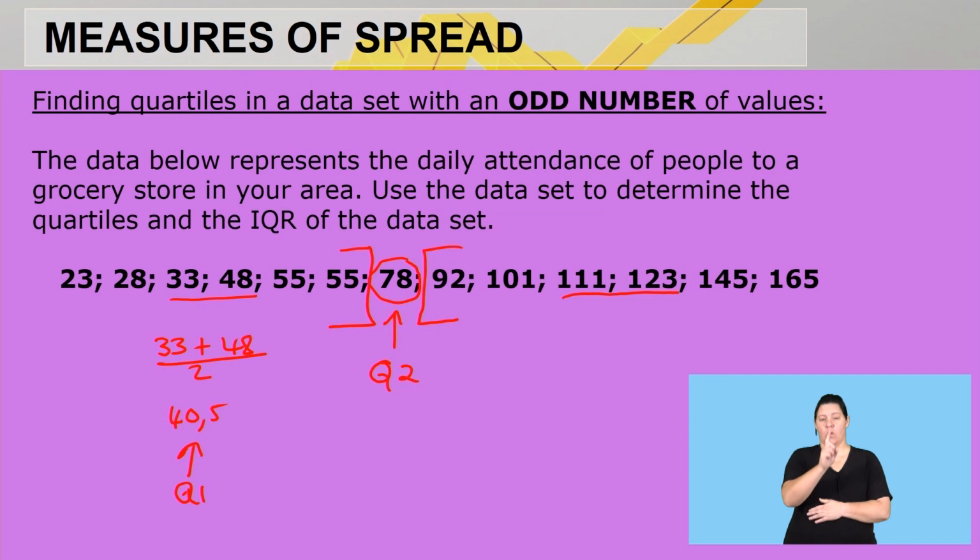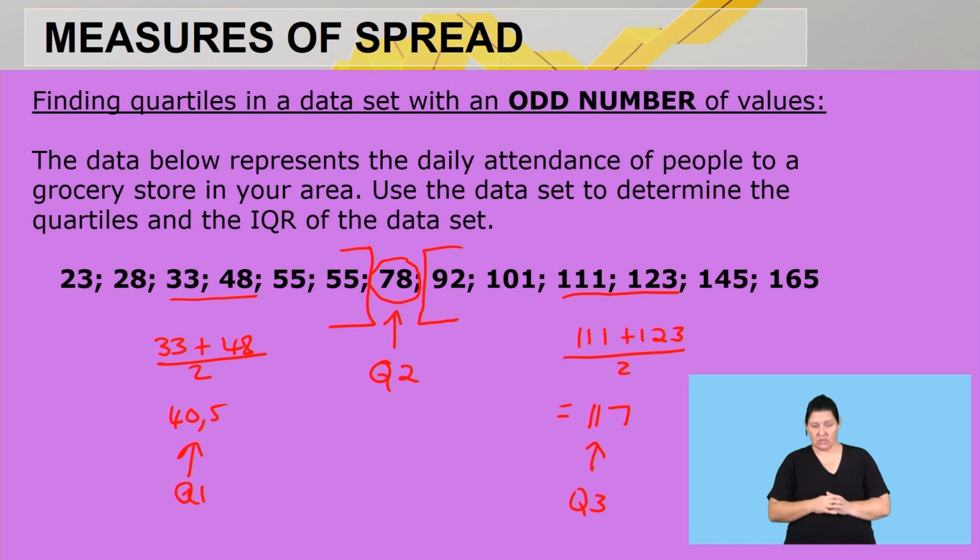So I'm going to say 111 plus 123 divided by 2. 111 plus 123 equals 234, and I divide that by 2. So this will give me 117. So this becomes now quartile 3, our upper quartile. Guys, are we clear? So there we have quartile 1, quartile 2, and quartile 3. I hope that is clear.